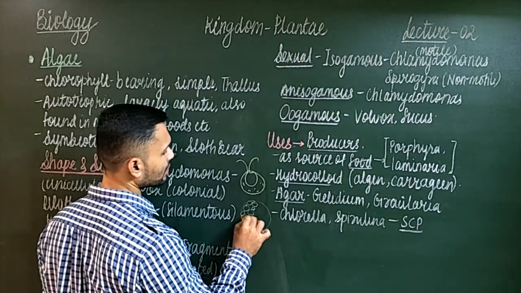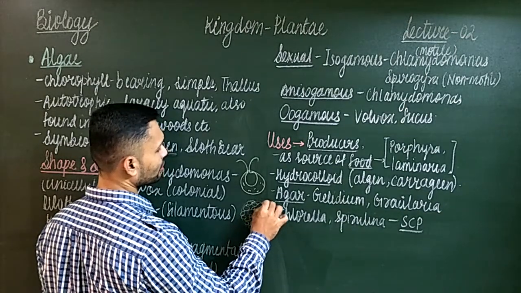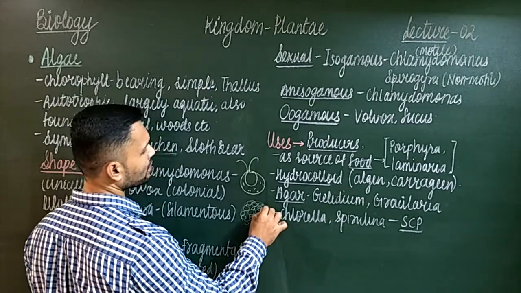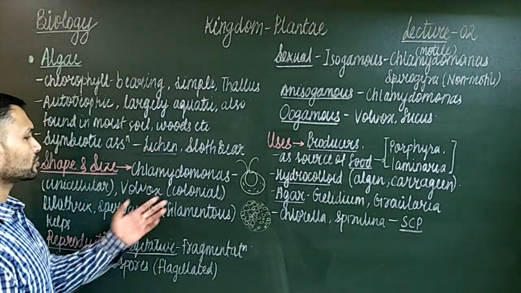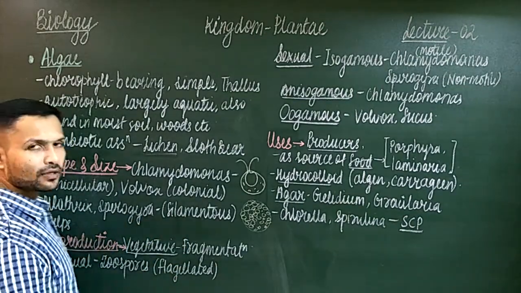They look like a soccer ball. They are associated with each other, and you will find them in colonies. So they look like a soccer ball-like structure. Ulothrix and Spirogyra are filamentous.